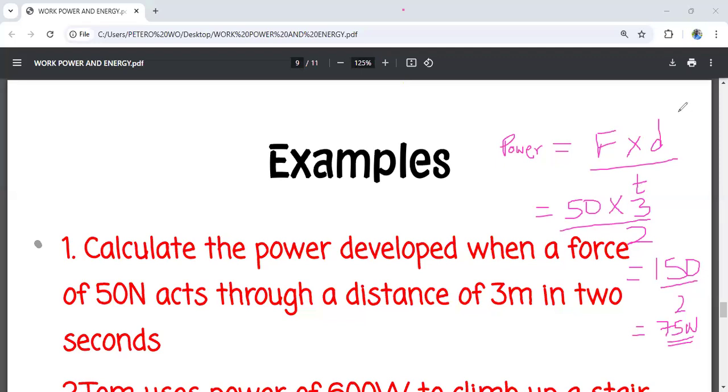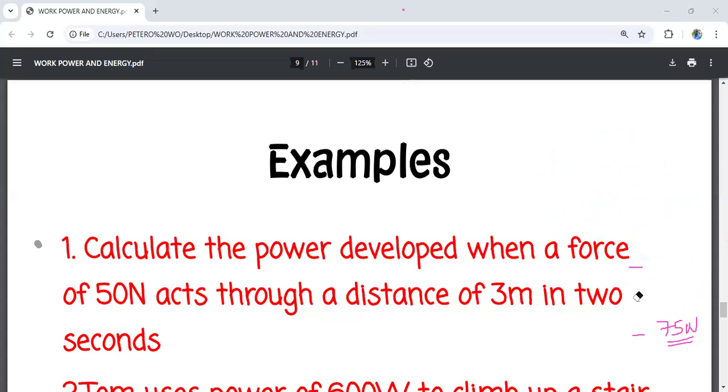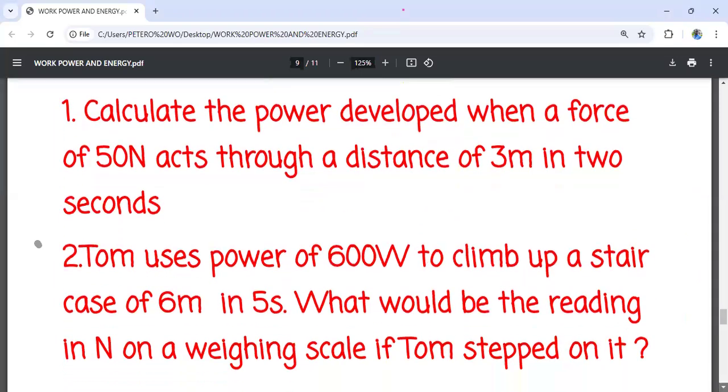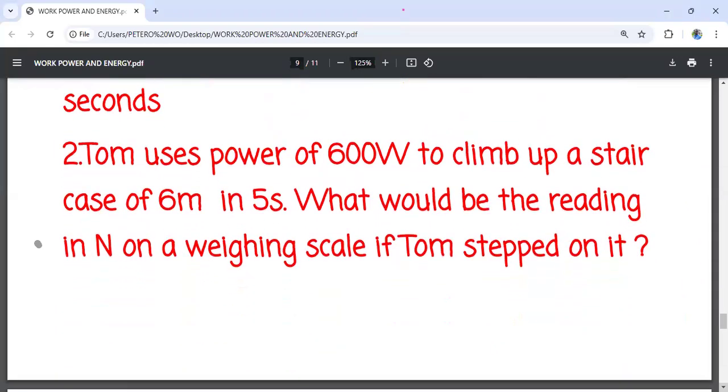All right, after getting that, let us look at the second example. The second example is this. Tom uses power of 600 watts to climb up a staircase of 6 meters in 5 seconds.